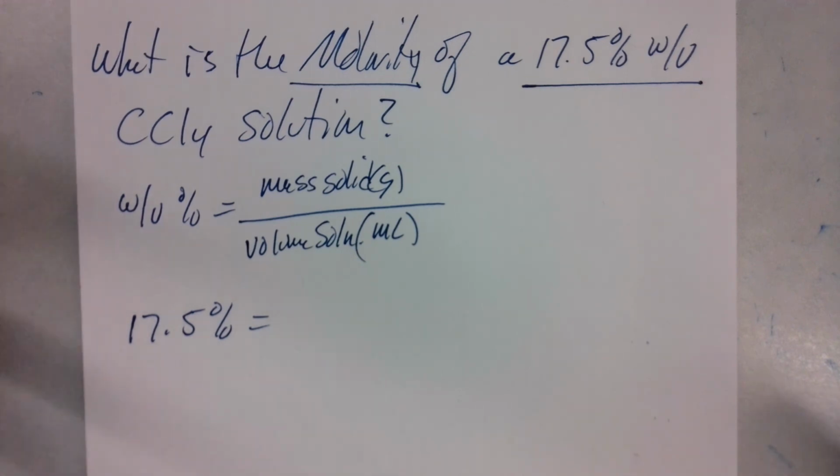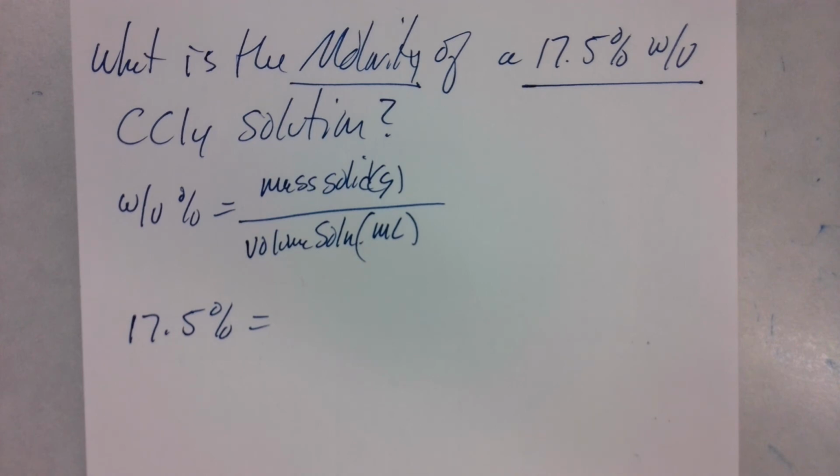Exactly. So what these questions do is they require you to make an assumption. And if you make the right assumption, it makes the problem infinitely easier. Now, it doesn't give me my mass, and it doesn't give me my volume, right? Always assume the volume is what?